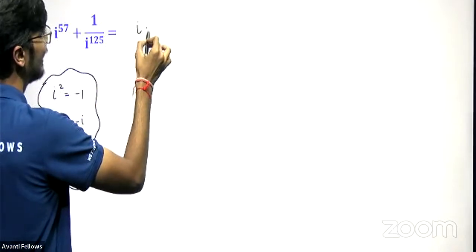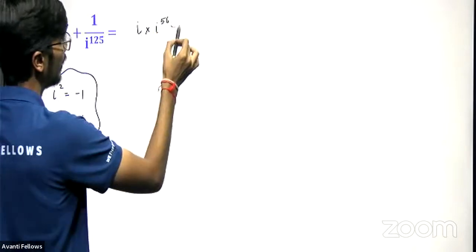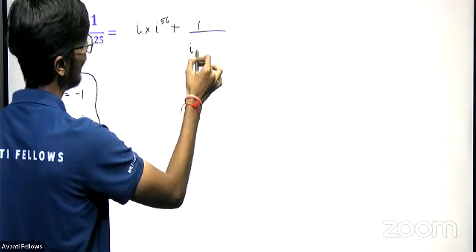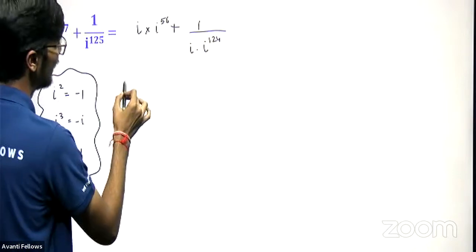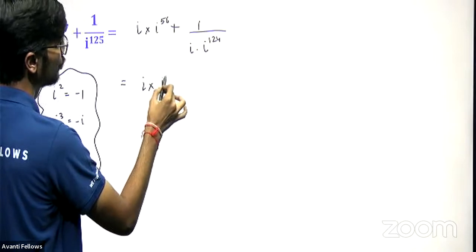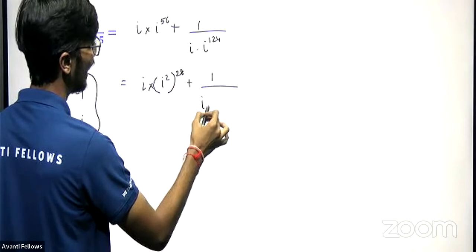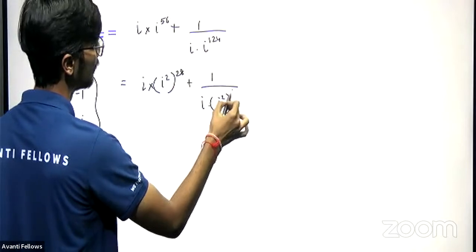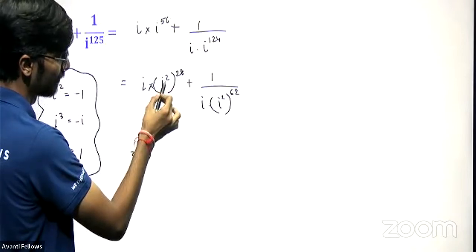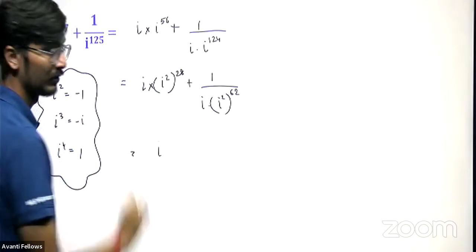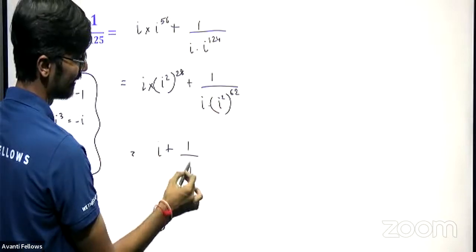I can write it as i into i raised to power 56, plus 1 upon i into i raised to the power 124. So that means I'll get i into i square raised to the power 28 plus 1 upon i into i square raised to the power 62. So i square is minus 1, raised to even power is plus 1. So this is i plus 1 upon i.